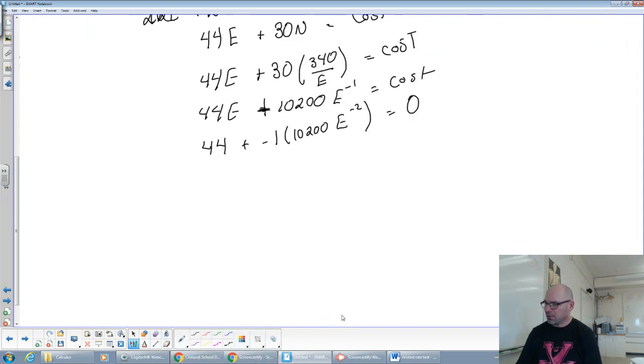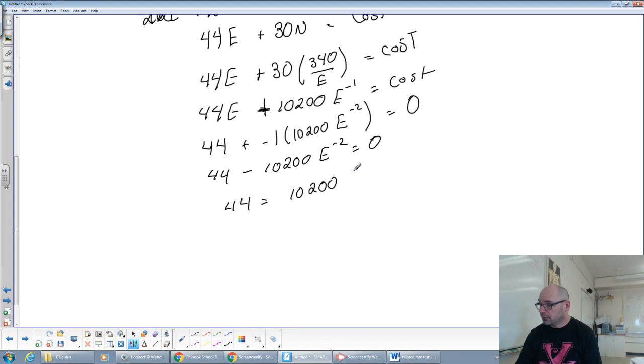Okay, so then we're going to minimize the cost here. So we have to take that one. We got 44 minus 10,200 E to the power of -2 equals 0. So we got to bring this over to the other side so that we have it like this.